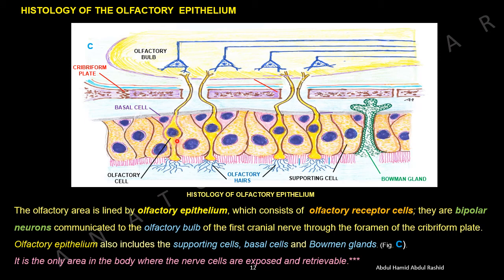In addition to the olfactory cells, the olfactory epithelium consists of basal cells, supporting cells, and Bowman's glands. It is the only area in the body where the nerve cells are exposed and retrievable.